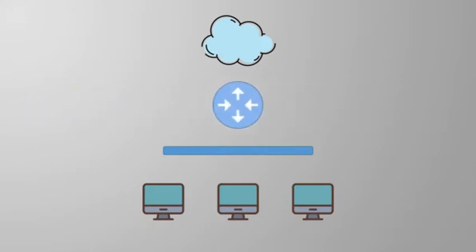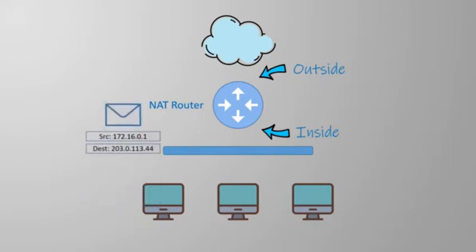Before we get right into the configuration, there's a couple of terms to understand. When we configure the router, we specify which interfaces are inside our network and which are outside. Cisco uses the terms local and global to describe the inside and outside. Keep in mind that different vendors will use different terms for this. When a device first creates a packet, it puts its own IP address in the header as the source.